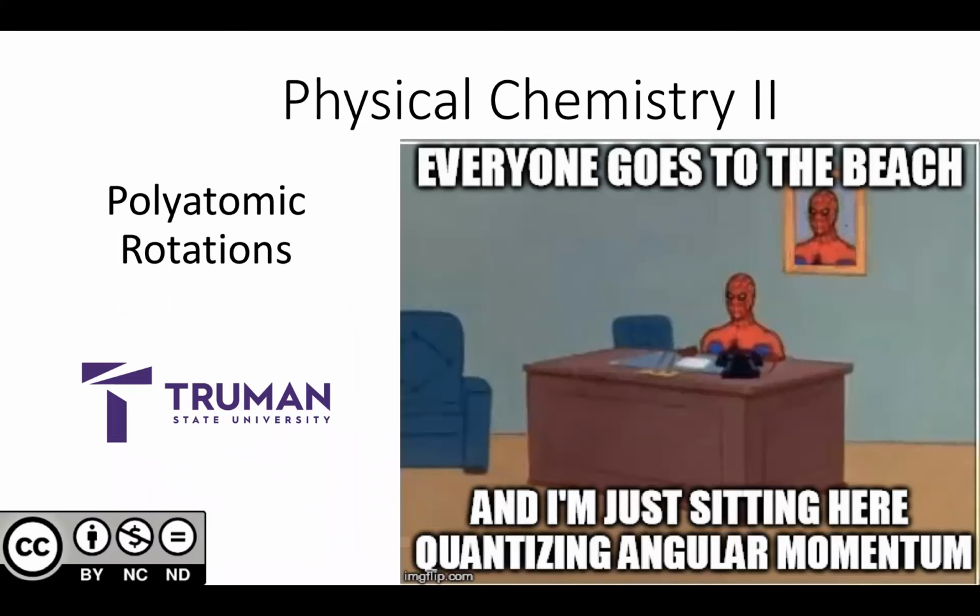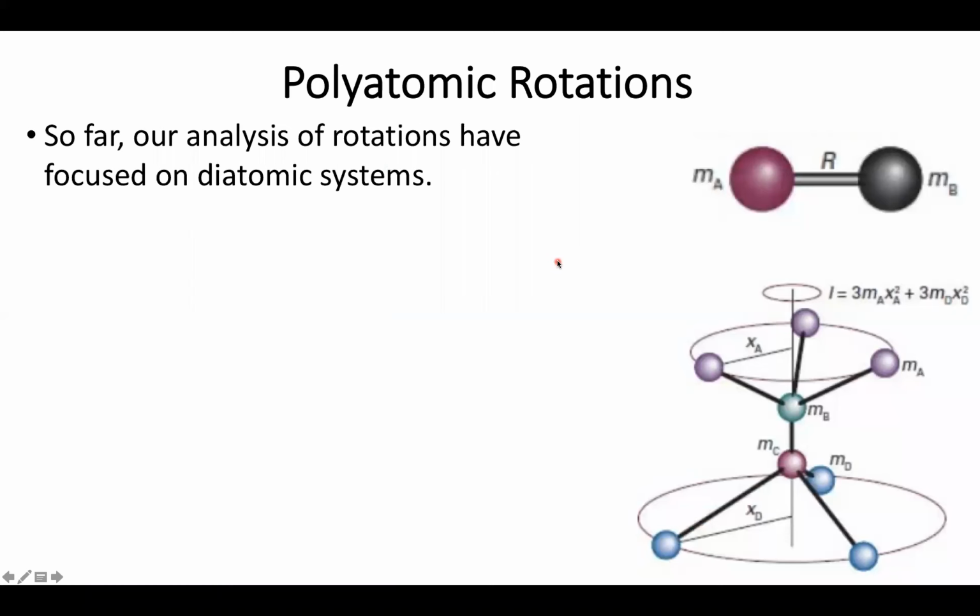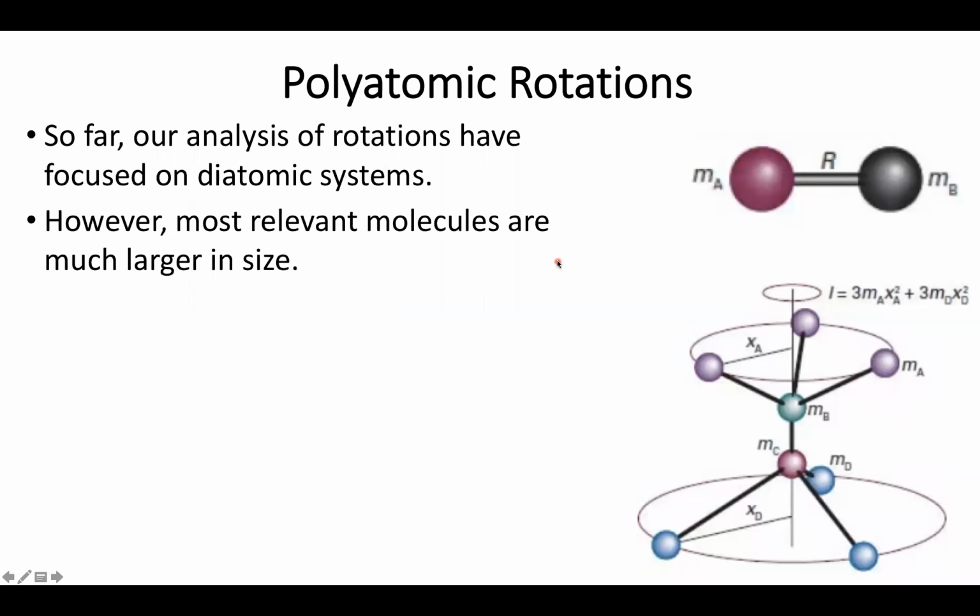So last time we were talking about three-dimensional rotations of a diatomic molecule. However, it turns out that not every molecule is going to be diatomic. A lot of our molecules are going to be a lot more complex.